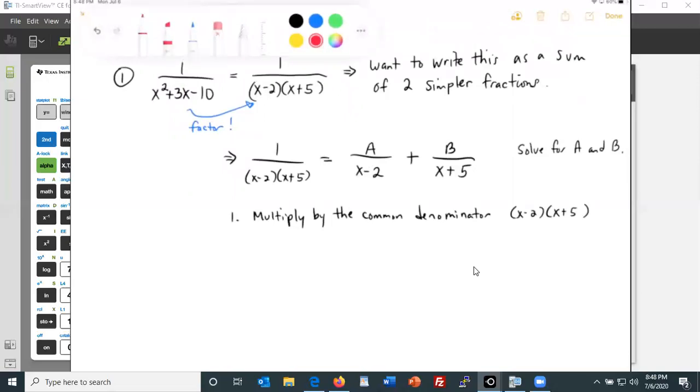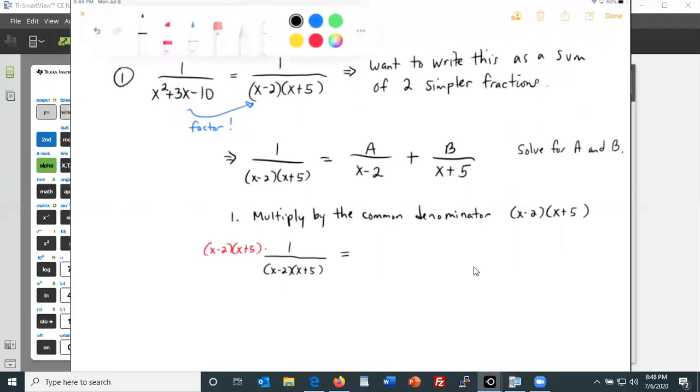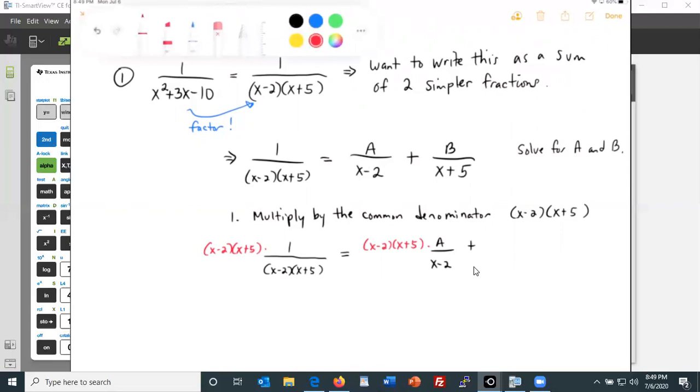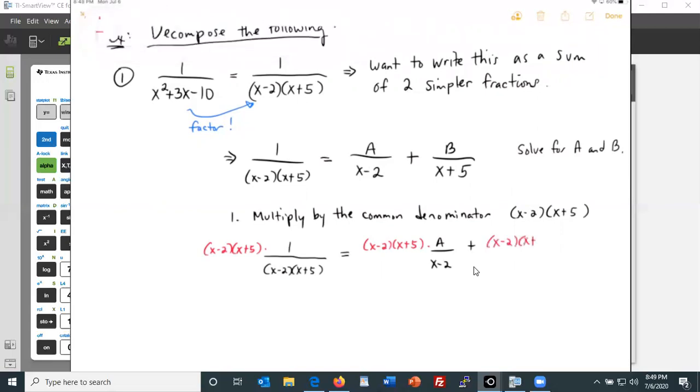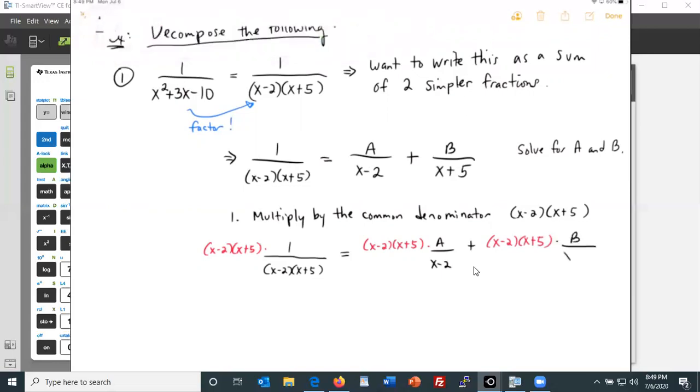So now we're going to multiply both sides by that. So we get x minus 2 times x plus 5 times the left side, which is 1 over x minus 2 and x plus 5, equals x minus 2 times x plus 5 times the first A over x minus 2 plus x minus 2 times x plus 5 times the second fraction B over x plus 5.